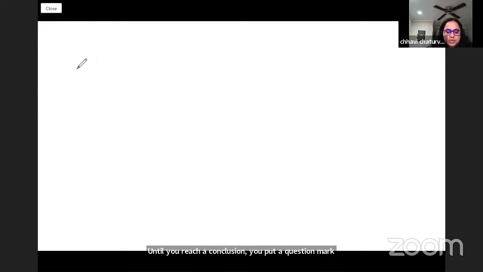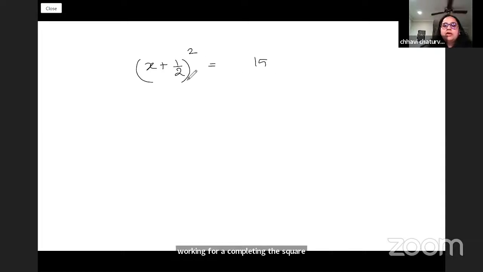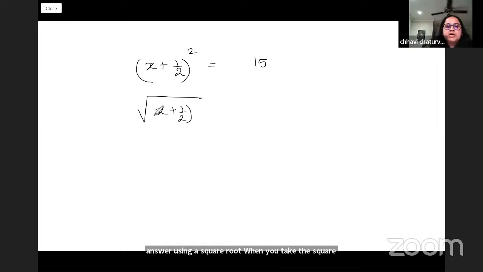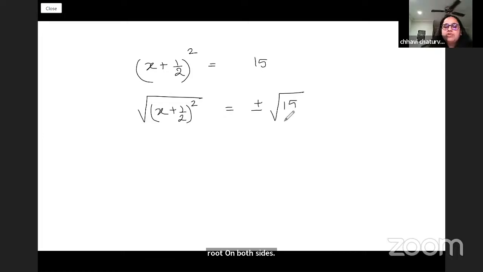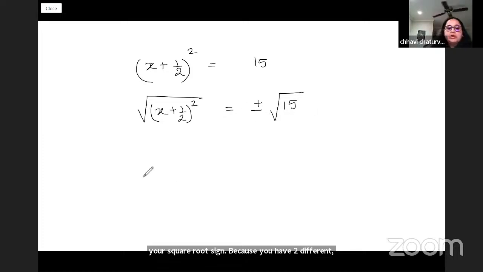And plus minus versus plus and minus. So when you are working on completing the square or finding the answer using the square root property, when you take the square root on both sides, at that point, you have to put a plus minus in front of your square root sign because you could find two different values.